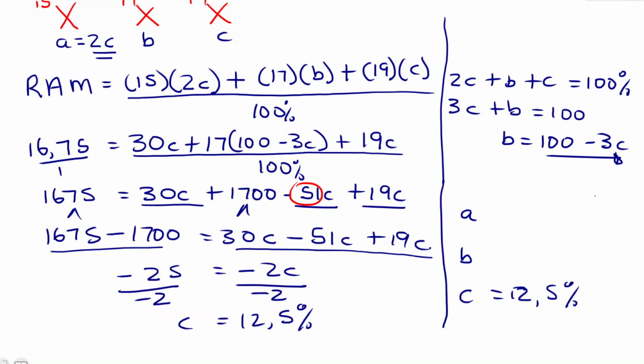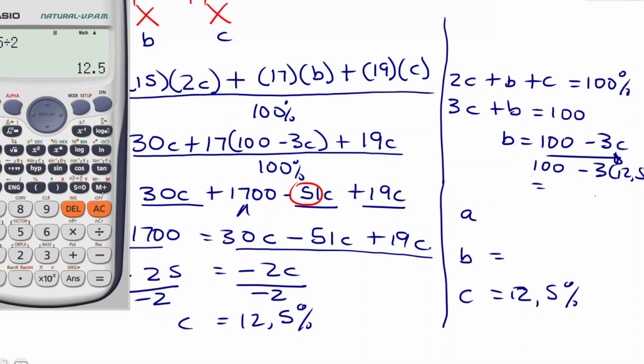Now we need to find the percentage abundance of B. We have to substitute this C by 12.5. So the value for B will be 100 minus 3 multiplied by 12.5. So the percentage abundance of B will be 62.5.